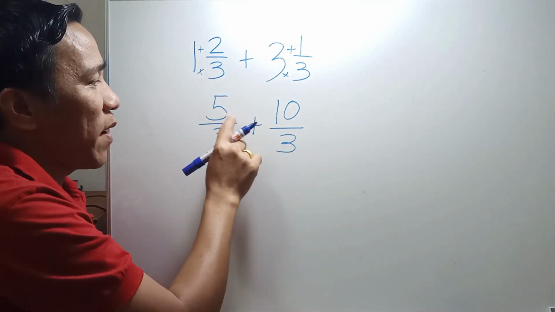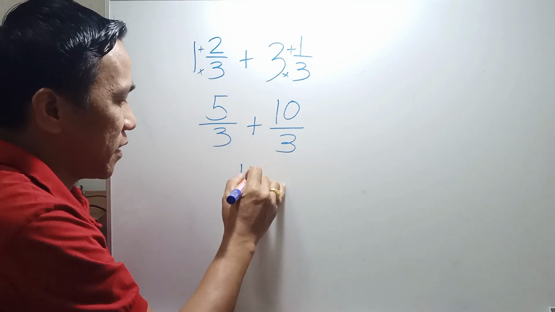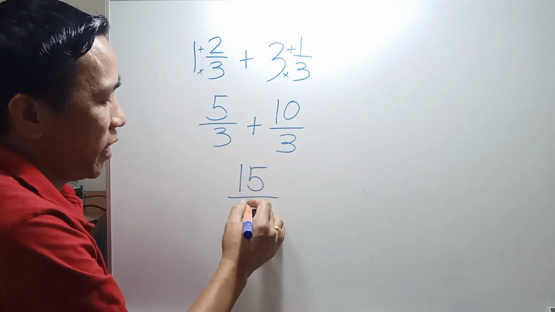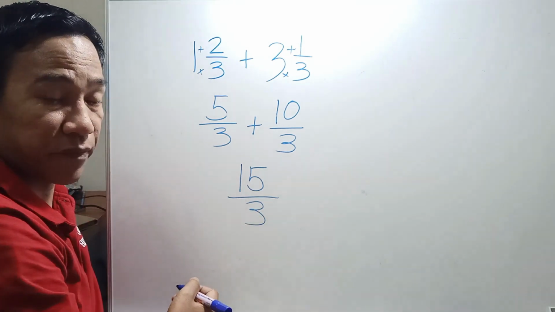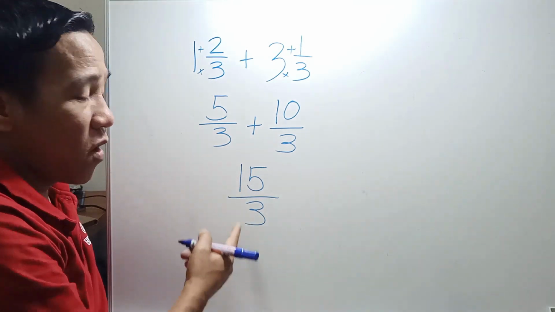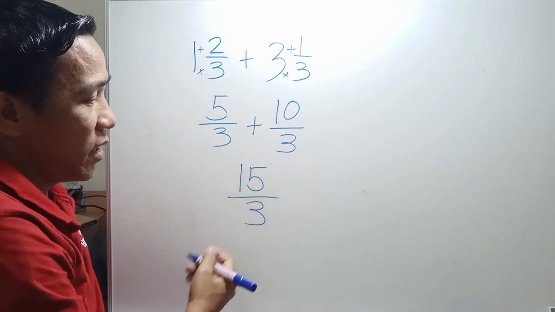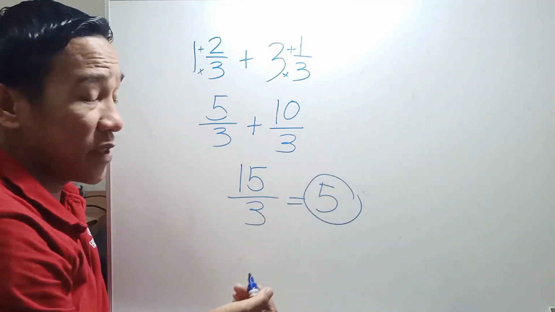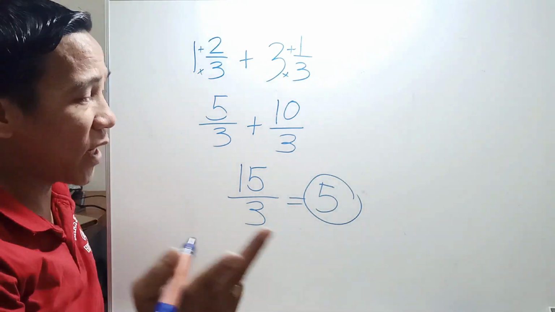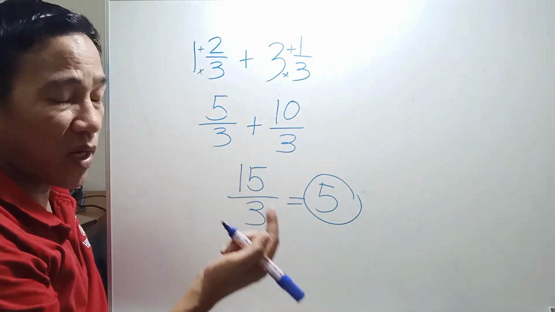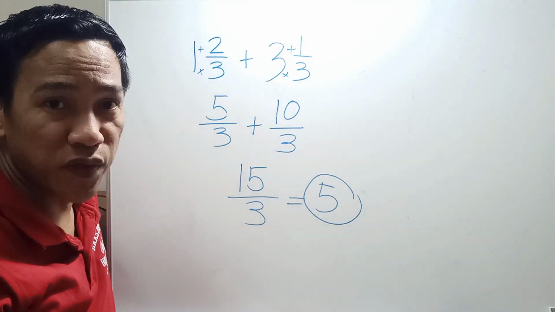So 5 plus 10 is 15, then copy the denominator 3. And we have to simplify. What is 15 divided by 3? The answer is 5. See? So we have two ways to add mixed numbers that come up with the same answer.